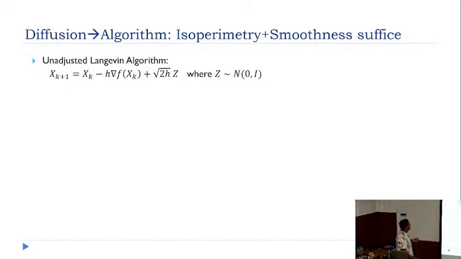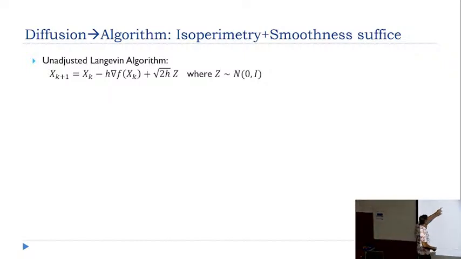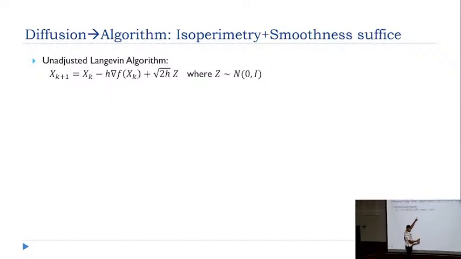Here's the simplest possible discretization. Rather than taking infinitesimal time, let's take some finite time h. We'll make h small enough. So we're subtracting a multiple of the gradient, and then here we're adding Brownian motion of variance proportional to time, right? So really it should be square root of h times the standard Gaussian. Okay, that's the natural choice.